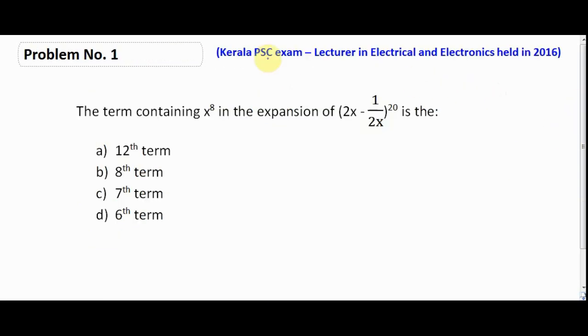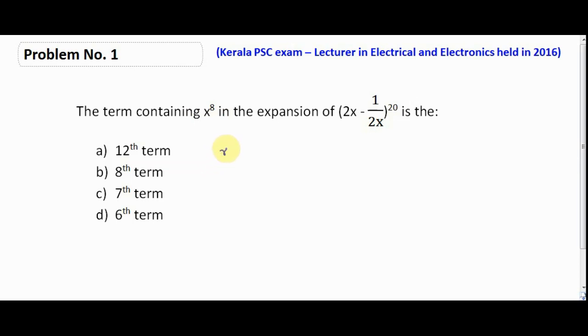Now let's see one problem. Problem number 1. The term containing x raised to 8 in the expansion of (2x minus 1 by 2x) whole raised to 20 is. Okay, so we are given 4 options here. We have to find out the right one. So here, to find out the term containing x raised to 8, we have to consider the rth term.